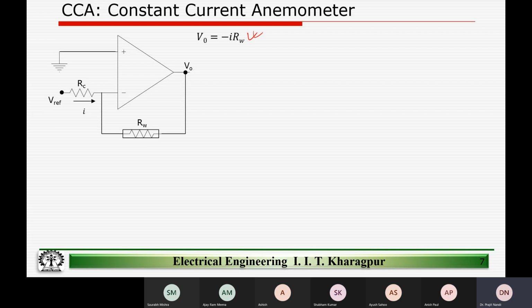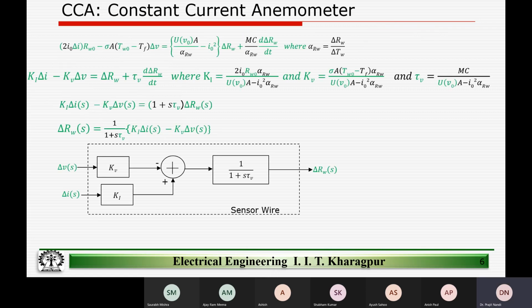So we get an output voltage, the magnitude of which is proportional to RW, the resistance. And we know RW itself is proportional to the velocity. If we go back, delta I doesn't come into the picture. This is delta RW, which is proportional to the velocity.